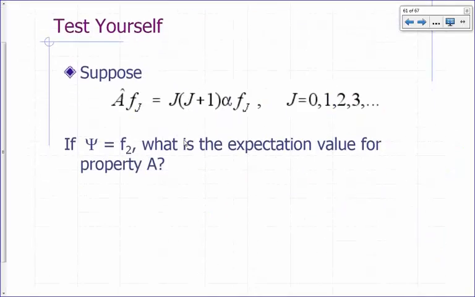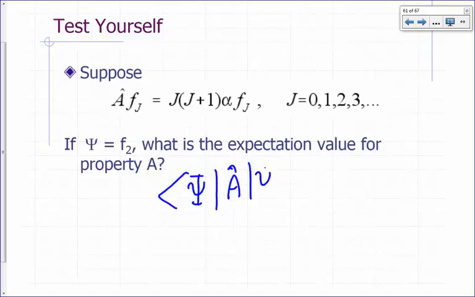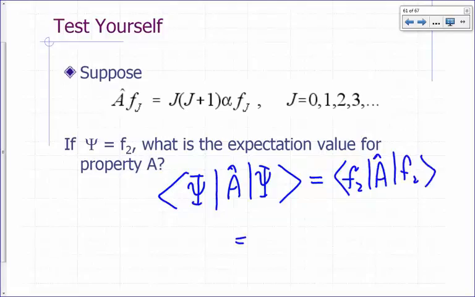All right. What if psi is equal to F2? Same situation as before. What's the expectation value for property A? Psi star A hat psi equals F2 star A hat F2.